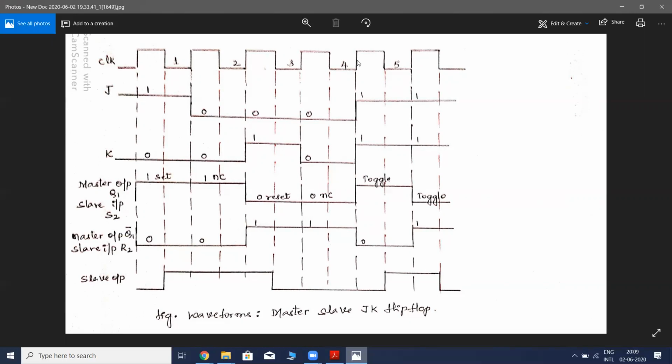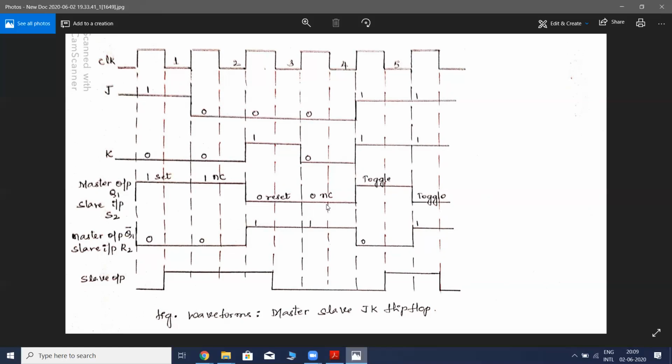Now during this positive edge, you could see that both are 1, 1. When both are 1, 1, obviously it is the toggle condition. Here the previous output was 0, so now it became 1 for one clock pulse. Okay, and then it continues to be 1 over here. Right, so during this positive edge, toggling happens again.